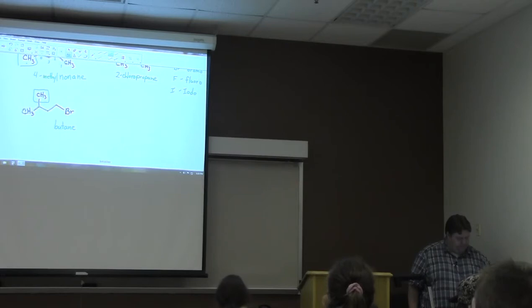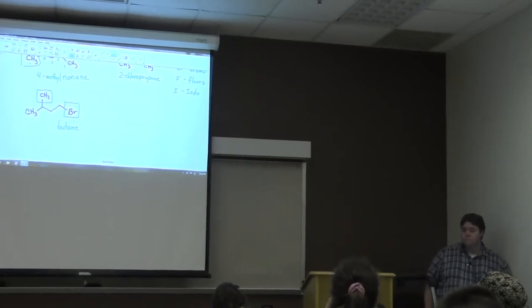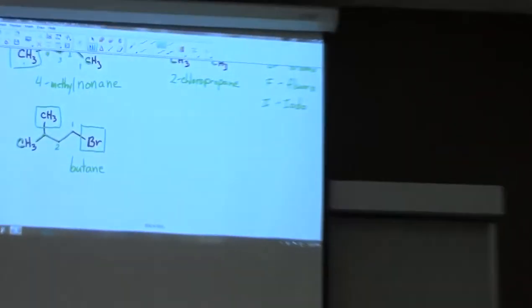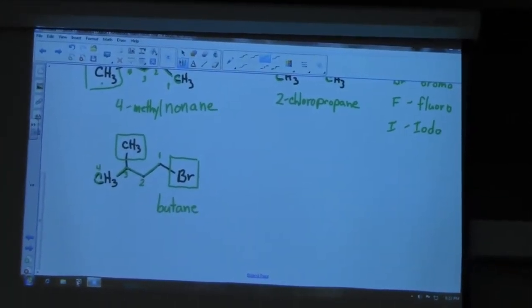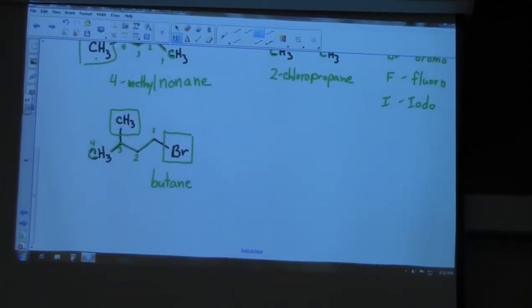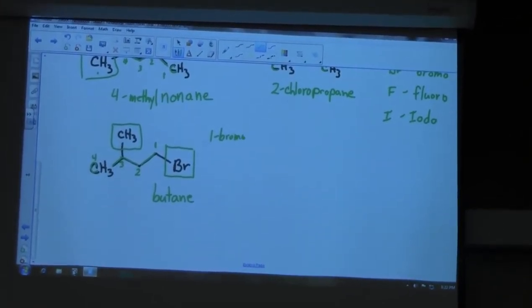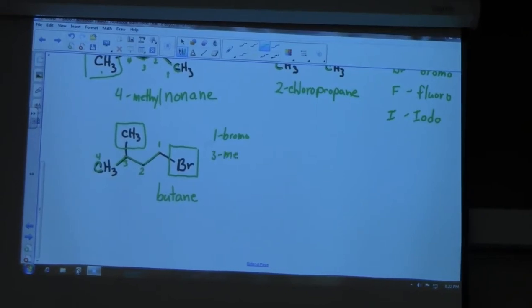I have a methyl group and a bromo group. Where do I count from? From the right side, because that's where the first substituent is. It's on that one carbon there. Okay, so I know I have a 1-bromo, and I know I have a 3-methyl.